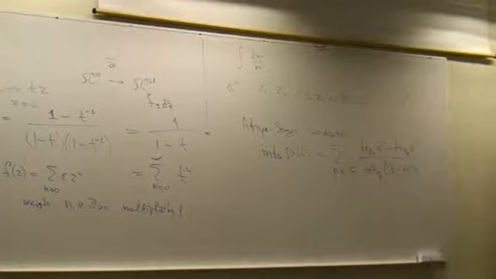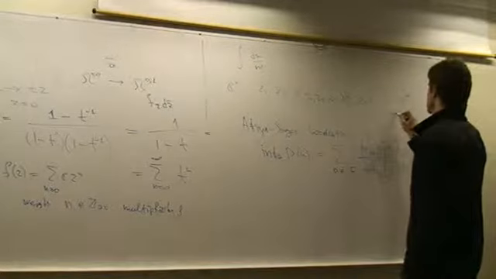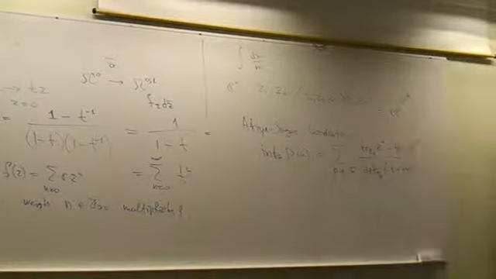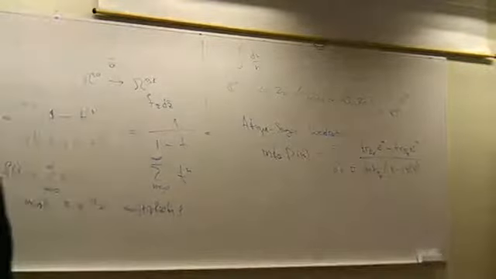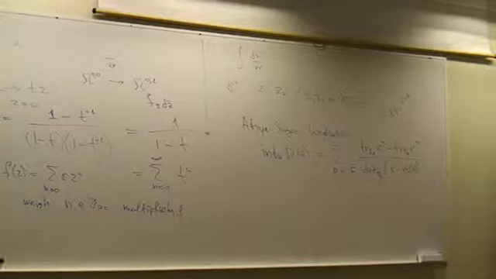As you know, we get CP1 using such a quotient. And I want to compute the index of the del bar operator on the O(n) bundle on top of CP1. How would we do that?